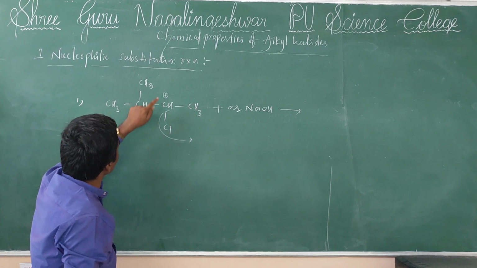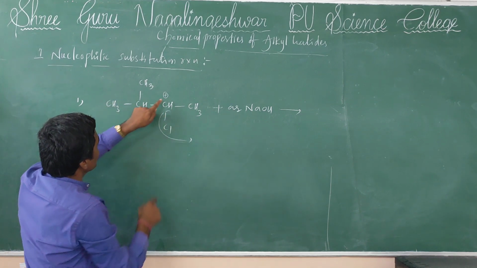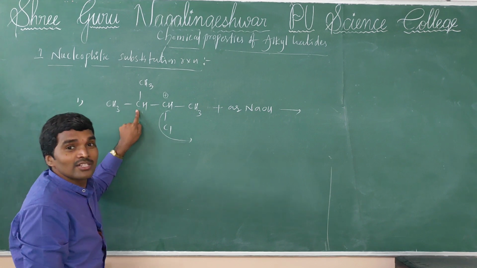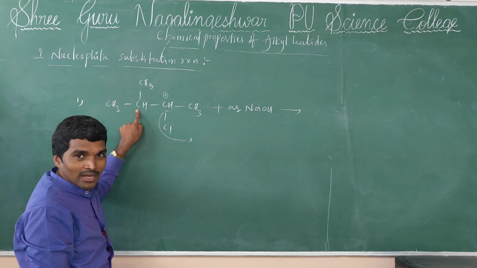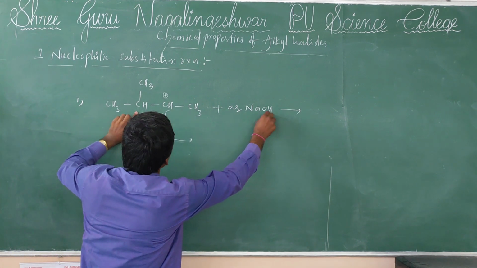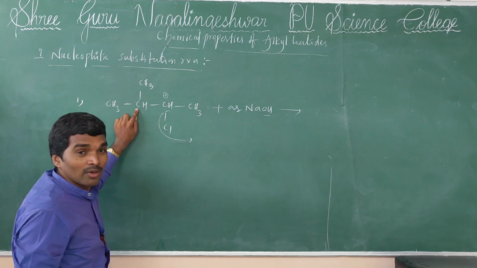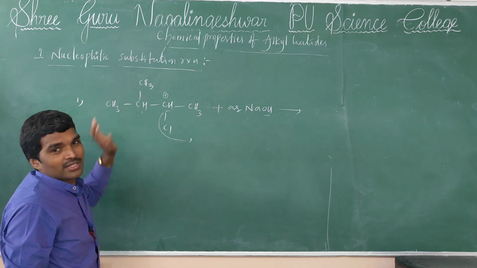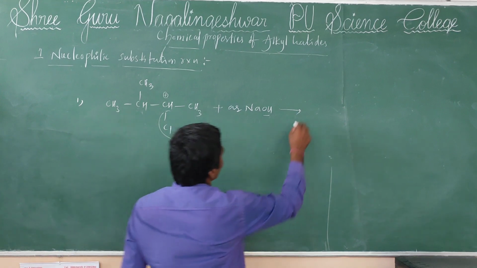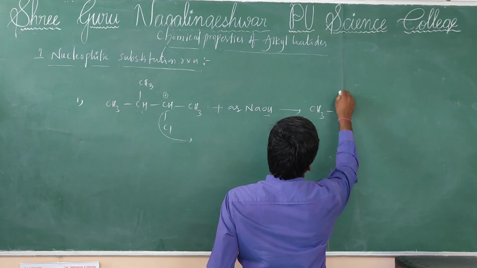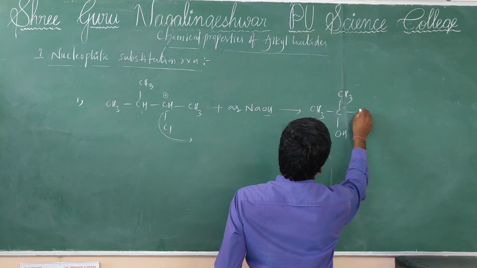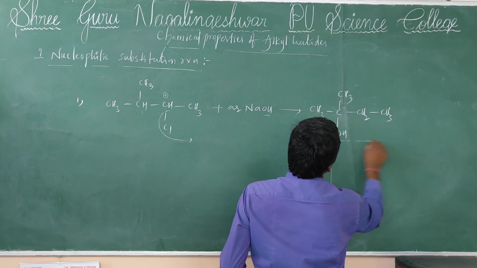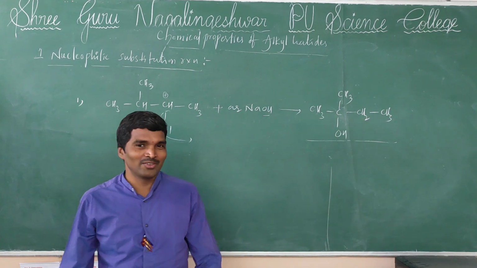So that's why a hydride shift occurs, and the carbocation comes to the tertiary position. Understood? So then OH is attached to the tertiary carbon. Why? Because tertiary carbocation is more stable. So this is the answer. That's why you shouldn't get confused.